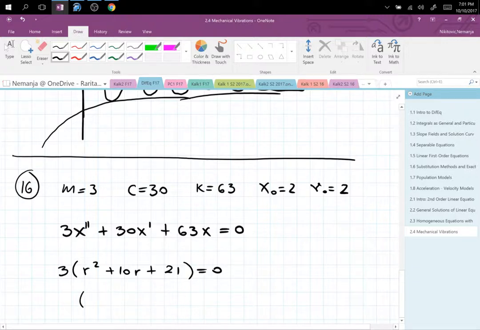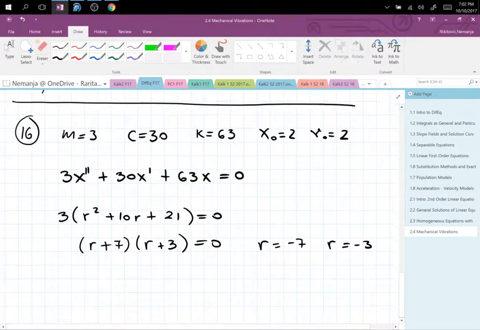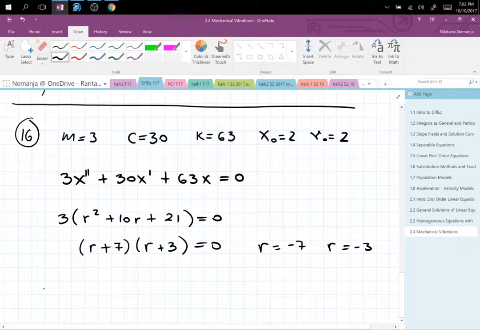When you factor this, you get r plus 7 and r plus 3 equals 0. So one r is negative 7, and the other r is negative 3. So your solution, x as a function of time, is going to be c1 e to the negative 7t plus c2 e to the negative 3t.